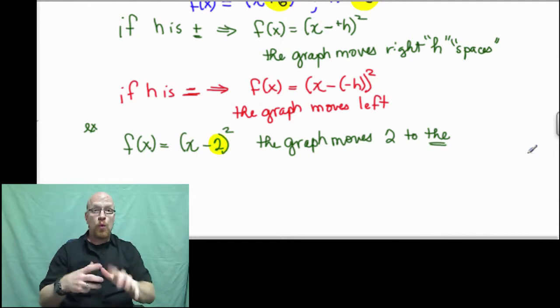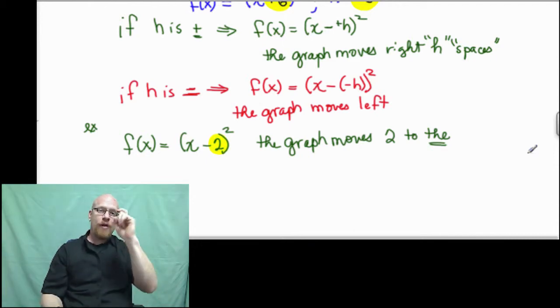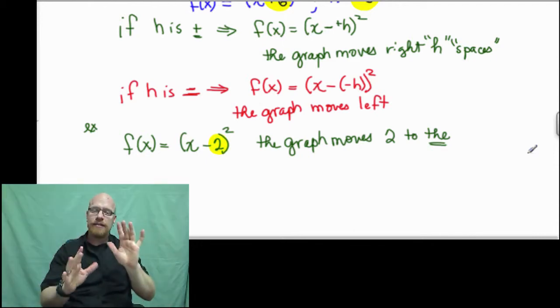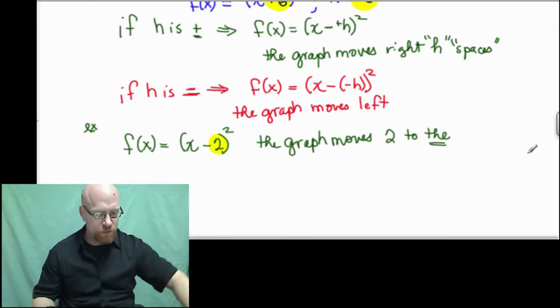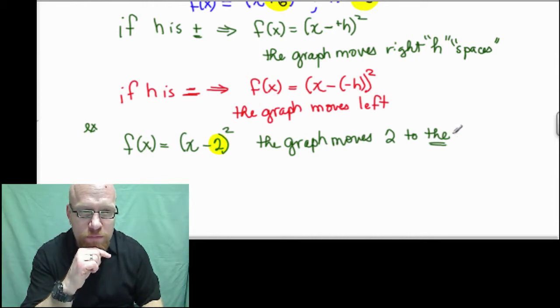For x minus 2, the quantity squared, I move 2 to the right. It looks like minus 2, so left, right? But really, it's x minus a positive 2. h is positive 2.